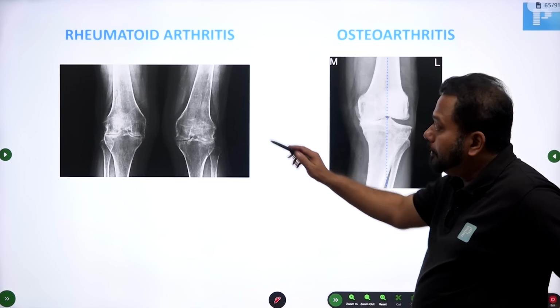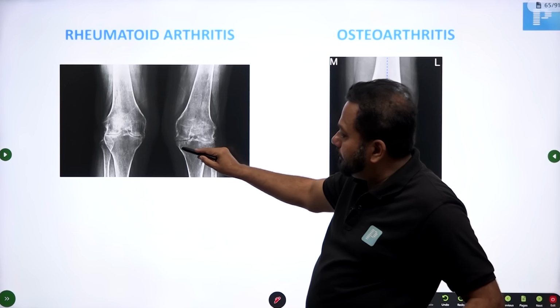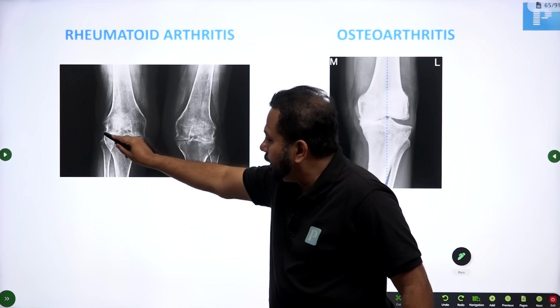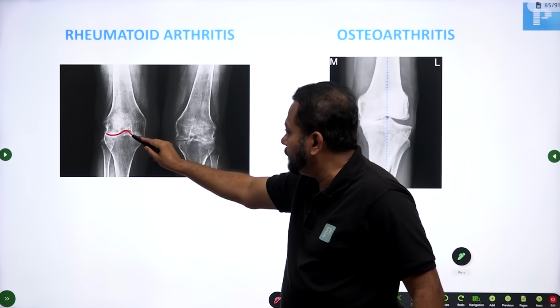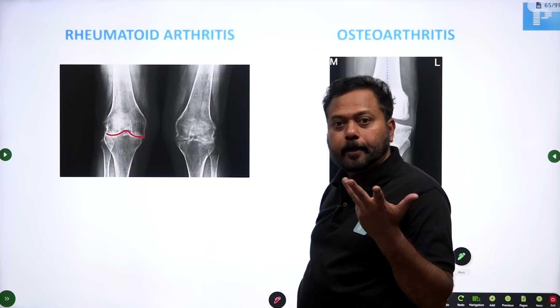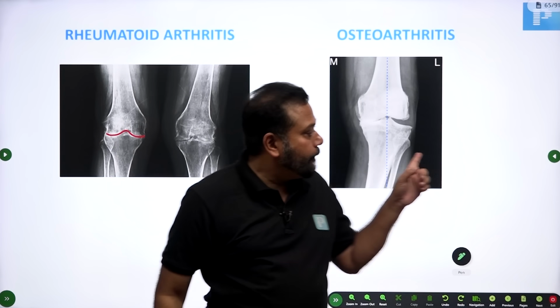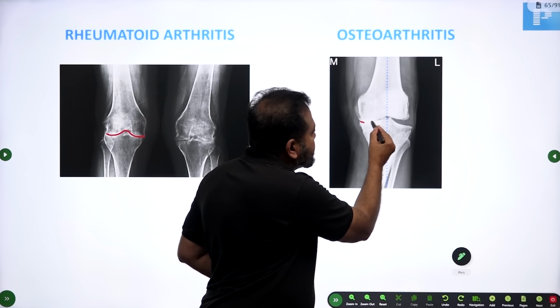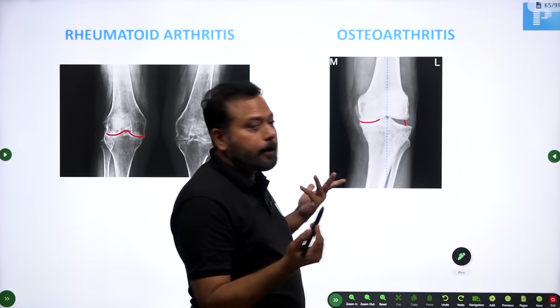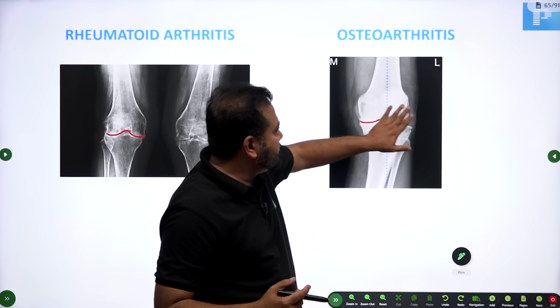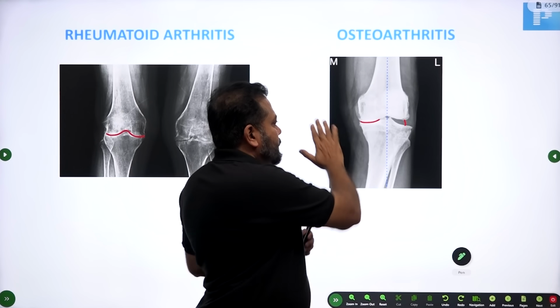You see here, this is rheumatoid arthritis. There is joint space narrowing which is very symmetrical. When I see here, medial side there is narrowing, lateral side there is no narrowing, widening. So this is called asymmetrical joint space narrowing.